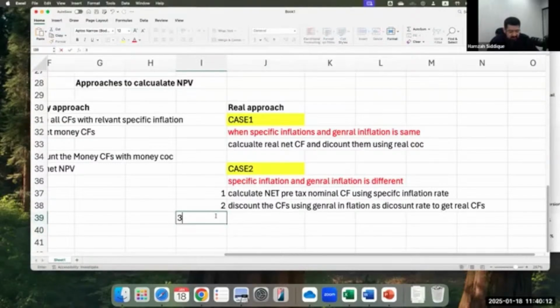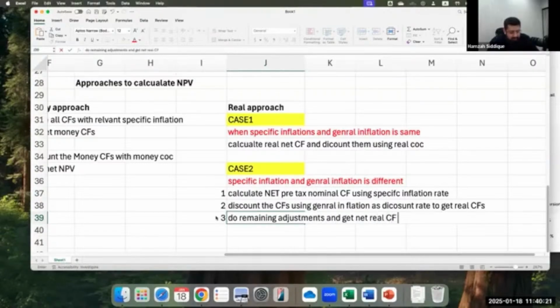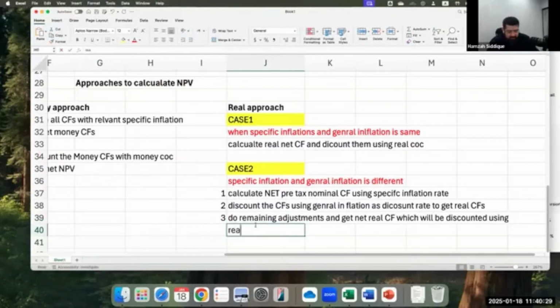And third, do remaining adjustment and get net real cash flows, which will be discounted using real cost of capital.